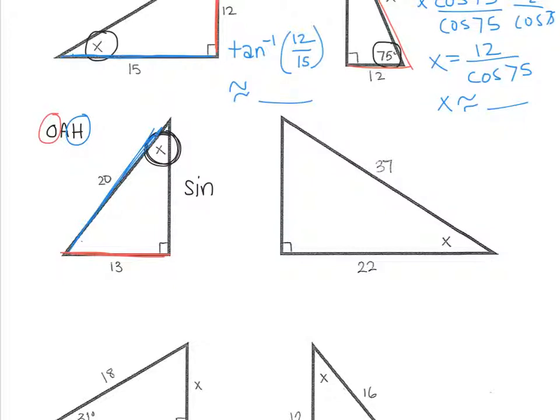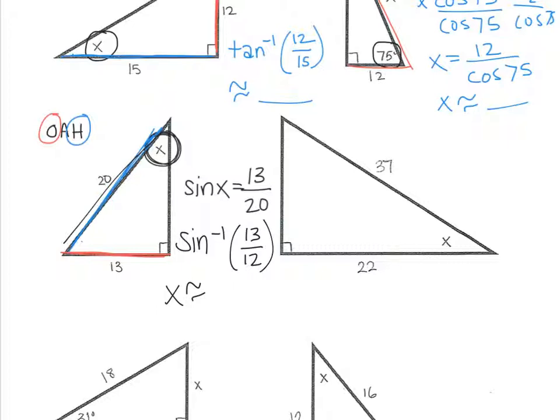The sine of the angle x is equal to the opposite, 13, divided by the hypotenuse, which is 20. To figure out the angle, you need to use the inverse button. So you do second sine, or sine inverse, of 13 over 20. Put that in your calculator and round to the nearest degree. It's going to be a degree.